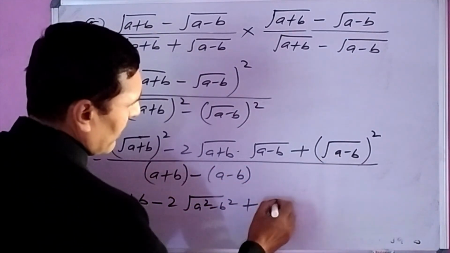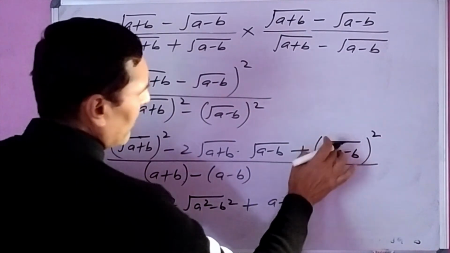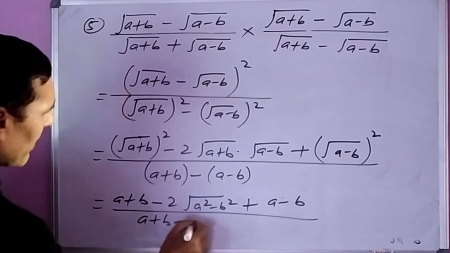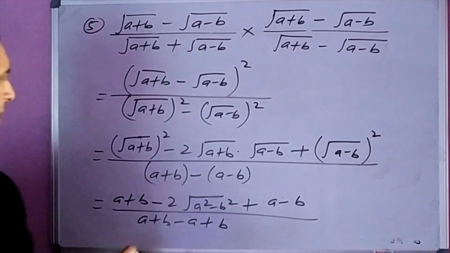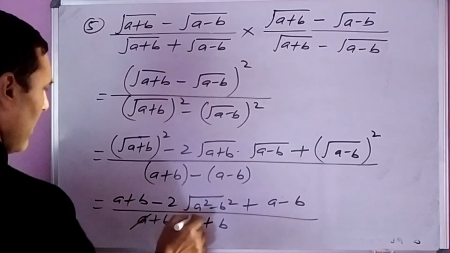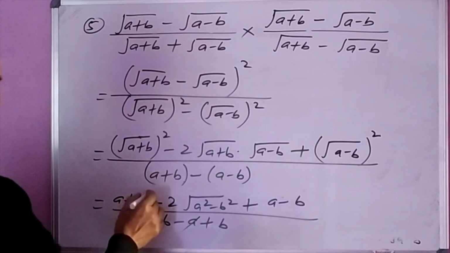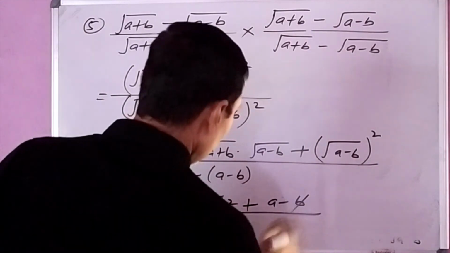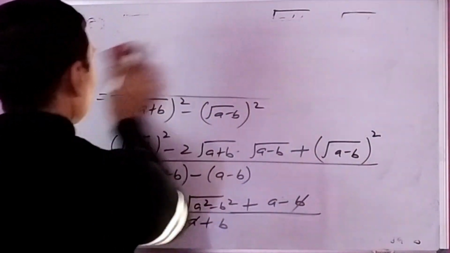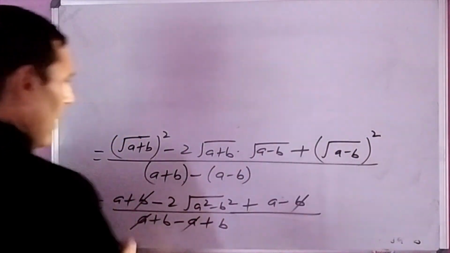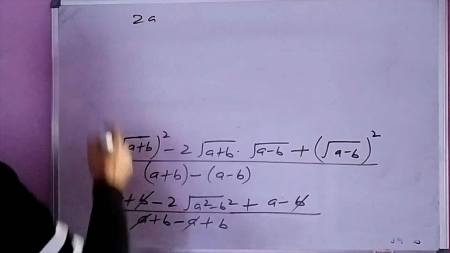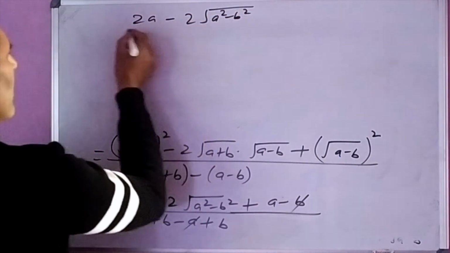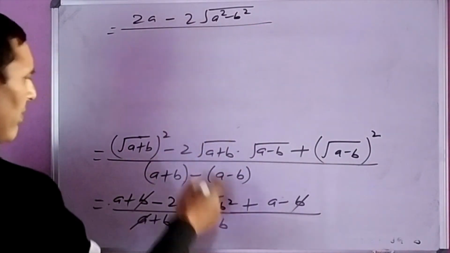And plus here it is a minus b, because this root and square cancel, upon a plus b minus a minus minus plus b. If you open the bracket with this minus sign, so this a plus a minus a cancel. Here also this plus b minus b cancel, so it gives a plus a 2a minus 2 under root a square minus b square upon b plus b 2b.